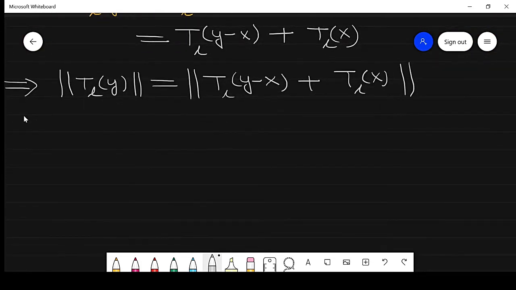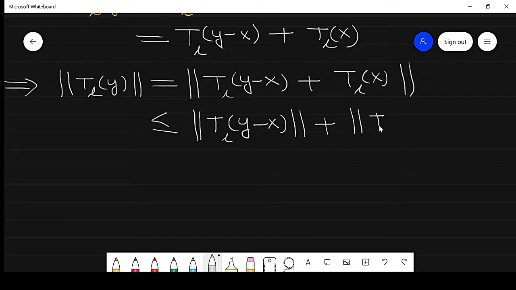By applying the definition of norm in a linear space and the triangle inequality, this is less than or equal to the norm of Ti(y minus x) plus the norm of Tix. Now what is x? x is a member of B and x is a member of Fn. So by that condition, this term is less than n and this term is less than delta.